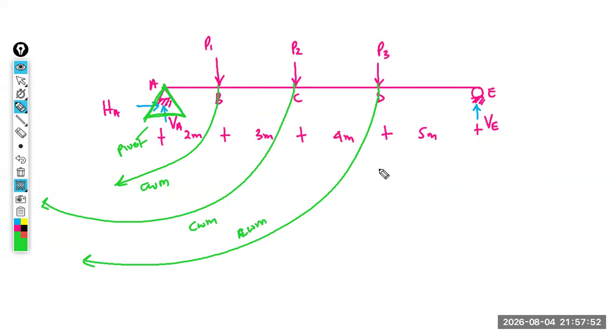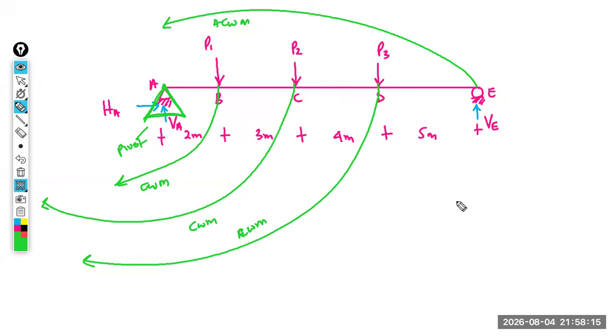Okay? Look at the force here, VE, right? That VE force is showing up. So I'm going to follow the direction. So my pivot at A, open my compass, follow the direction of the arrow, it is going to go like this. That'll be anti-clockwise moment. Is that okay?